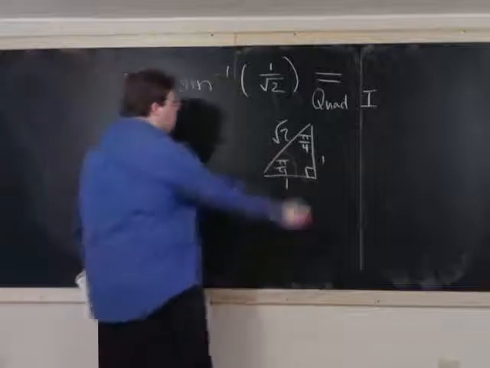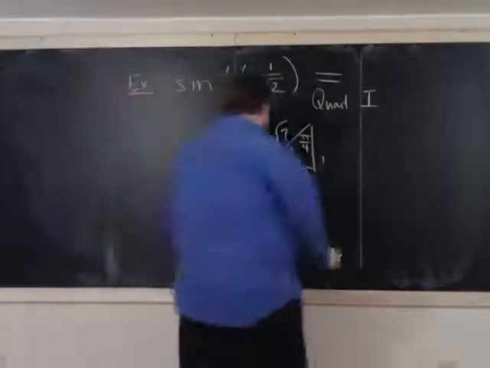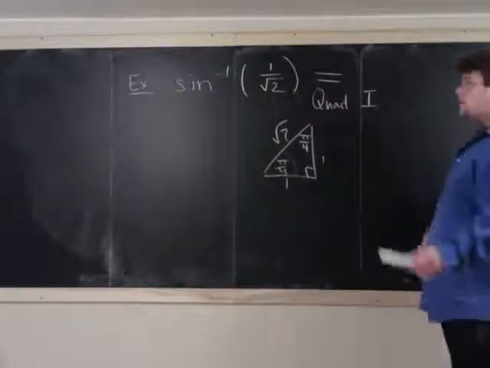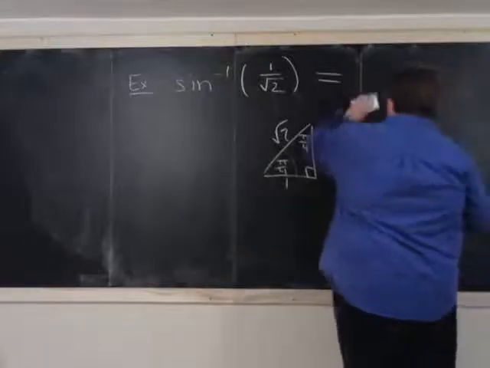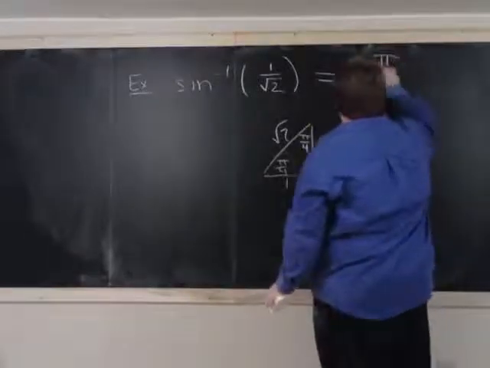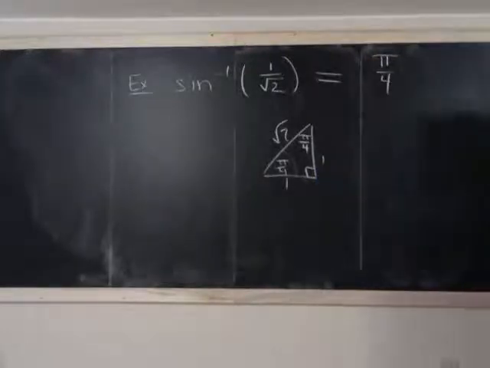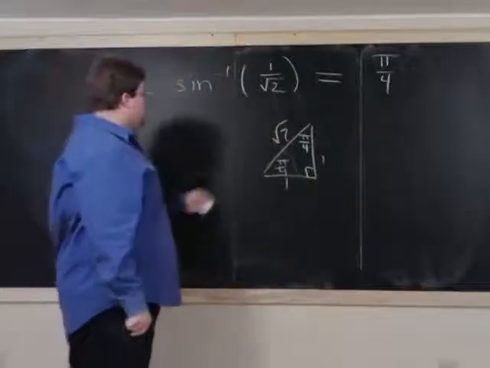The opposite is 1, hypotenuse is root 2, so we get pi over 4. And we want that in the first quadrant. Pi over 4 is in the first quadrant. Let's do 3 examples actually. Let's do this example next.